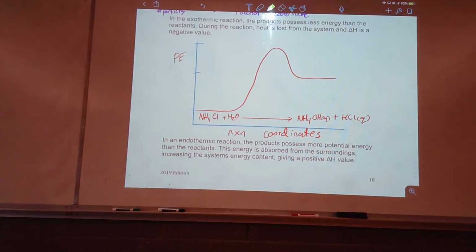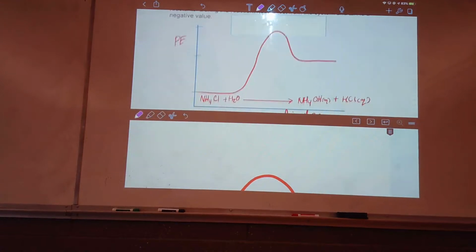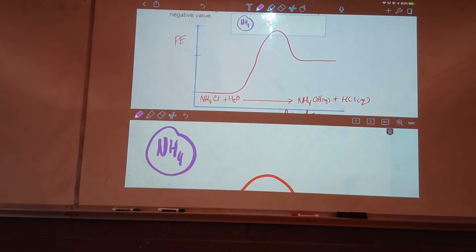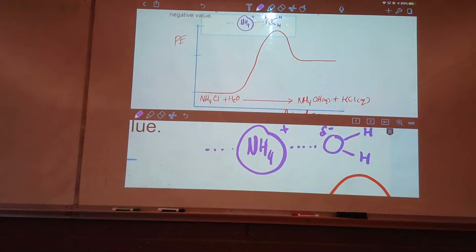And at the top here, we could imagine something that looks like, we're just doodling, these are not real. But NH4 is a really small molecule. Looks like this, and it has a positive charge. So as the water comes in, water has a slight negative charge over here. So it comes in close to that positive charge, and then it pushes away the chlorine that's on the other end.